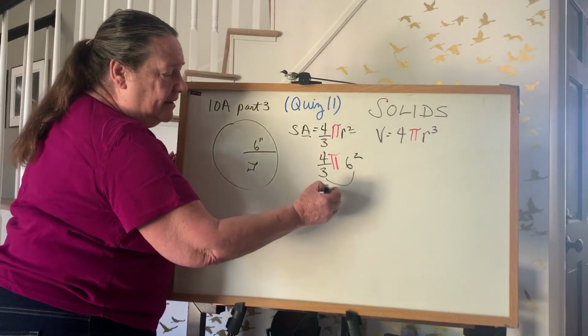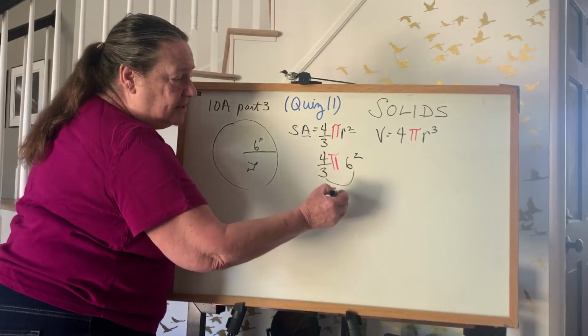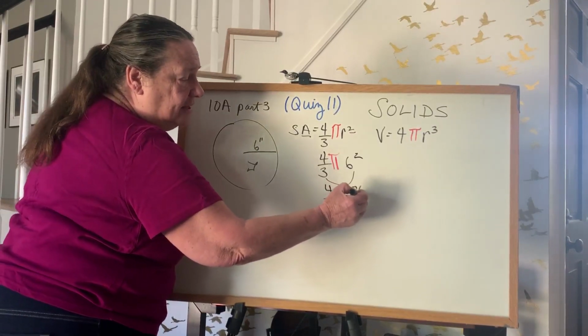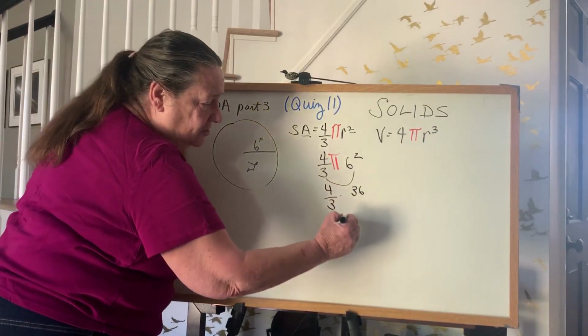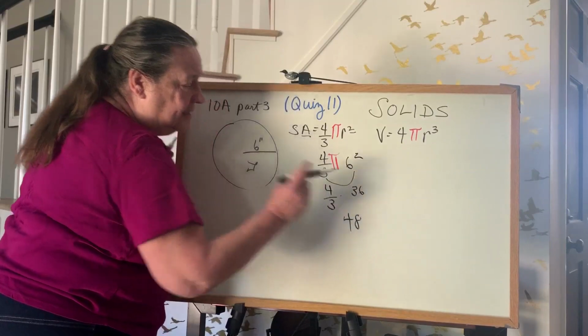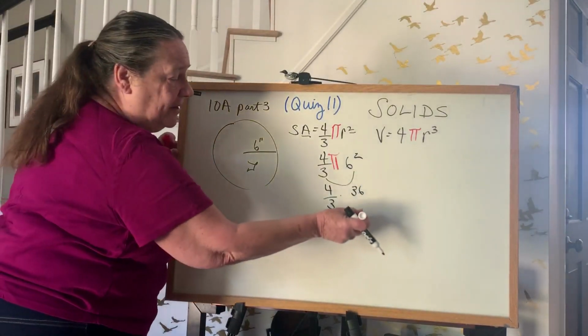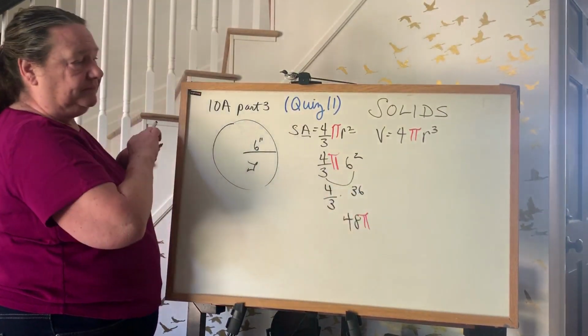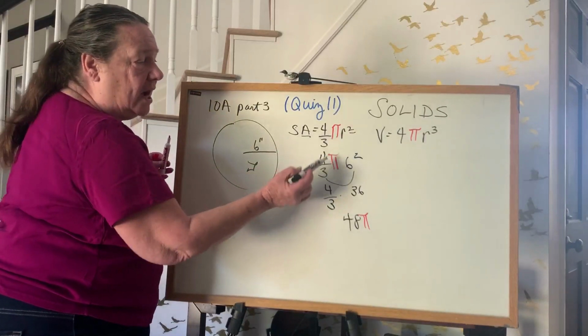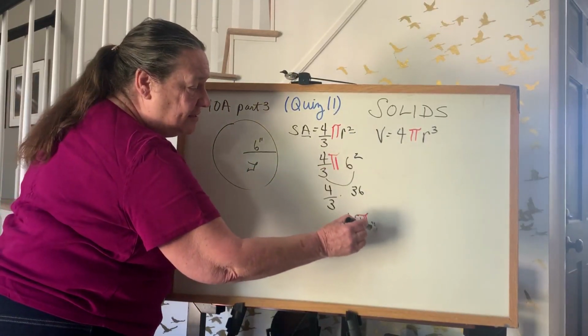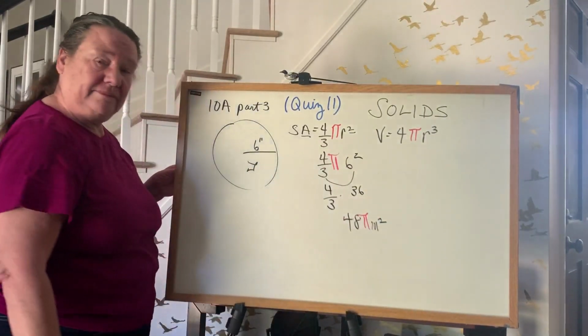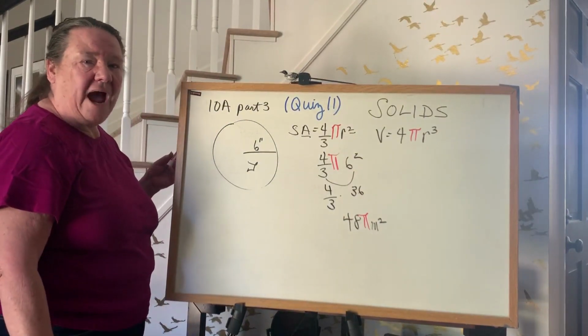So it's going to be 4/3 times this 36, and that's going to give you 48, and then we drop in the pi, and area is inches squared. Okay? I hope that that's clear.